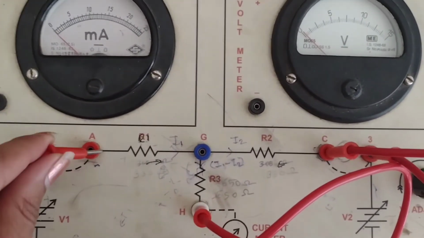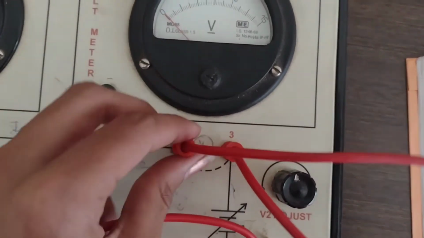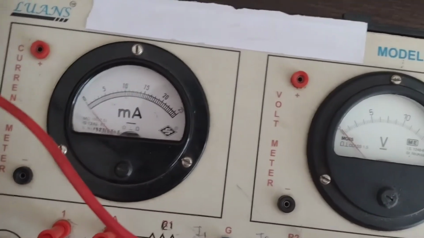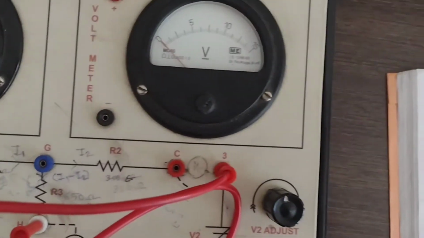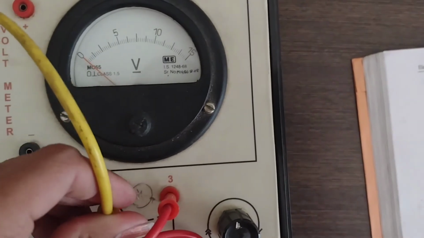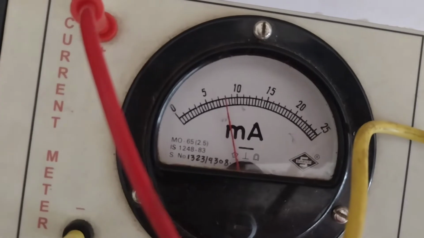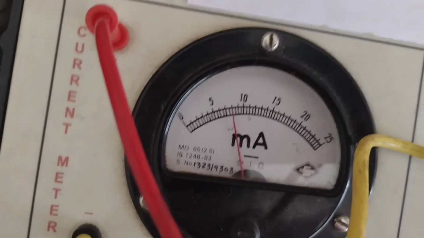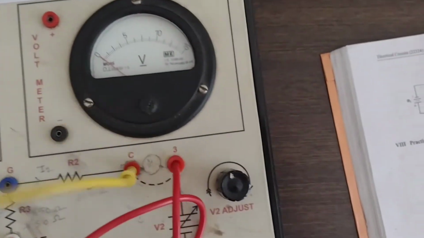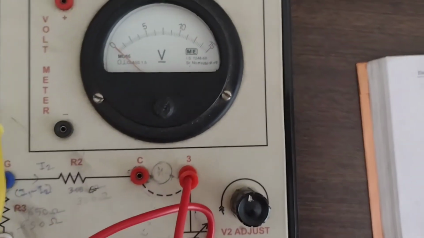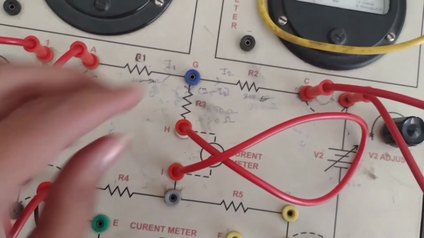Current flowing through the resistance R2 here. Connect across this ammeter. This is 8 milliampere. Then we have to take the reading of resistance R3.